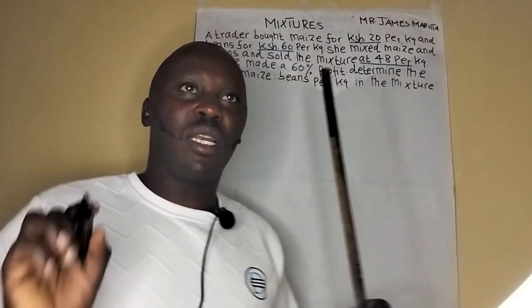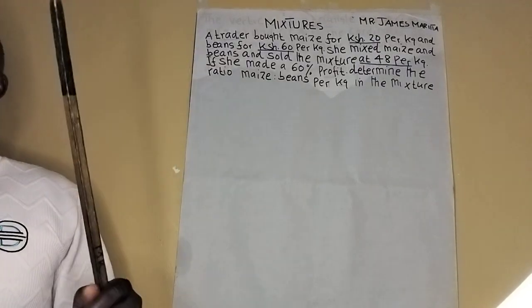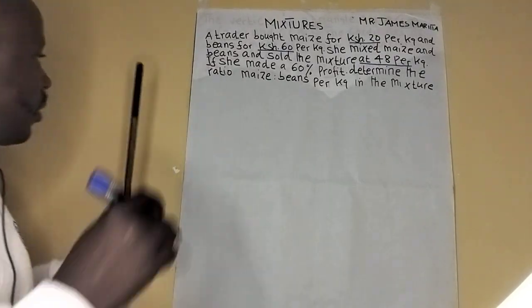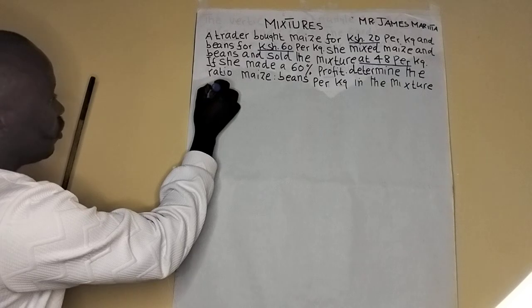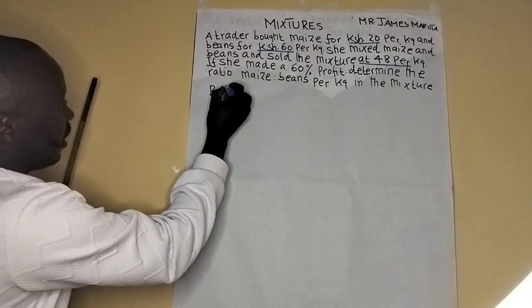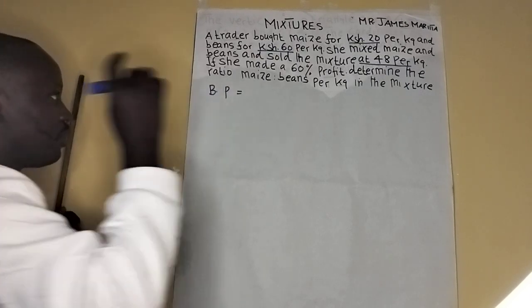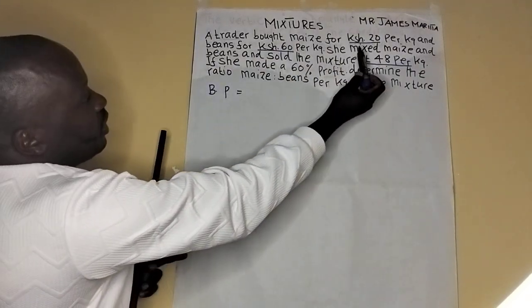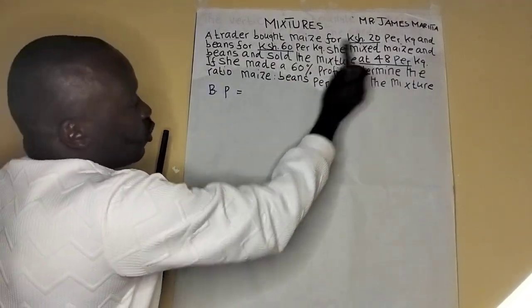So we start by finding the buying price. The buying price: 1 kg of maize costs 20 shillings.